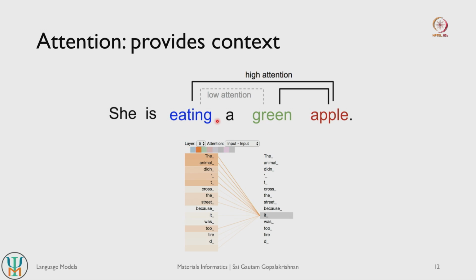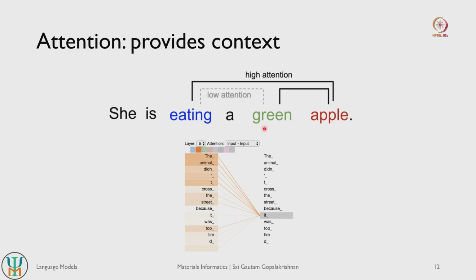So if you want your model to generate this sentence in a sequential manner, and you expose your model to "she is eating a green", for example, you would want the model to generate apple as your output token, in the hope that apple has been associated with eating before. So you need a high degree of association between eating and apple, which is what is referred to as high attention here. Whereas these two words, eating and green, or green and apple, have low associations.